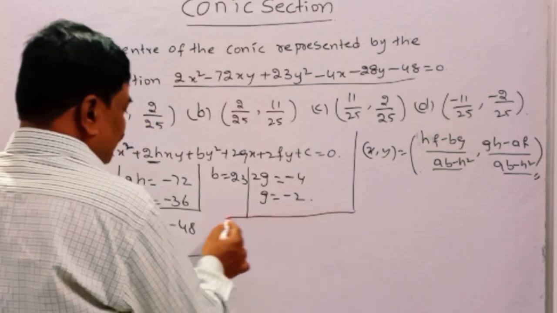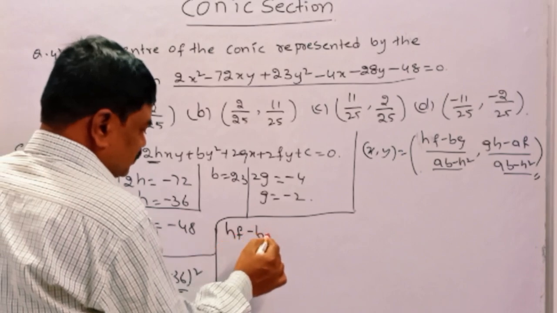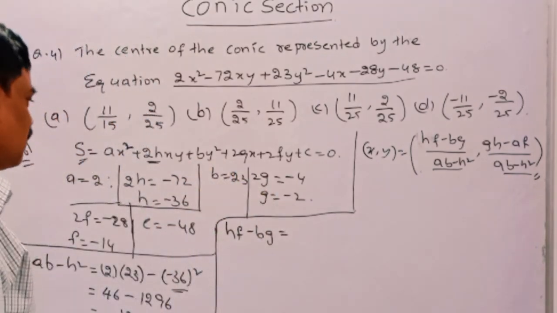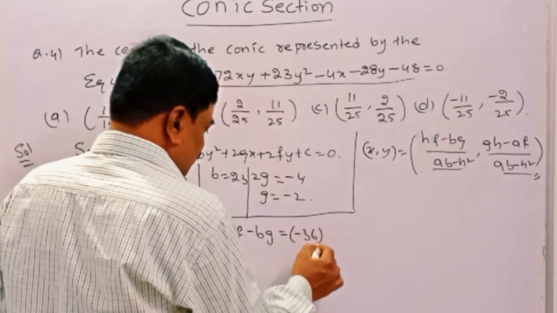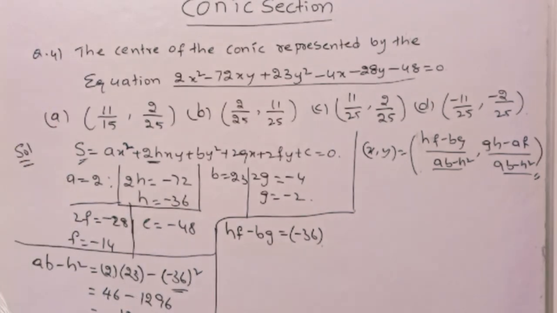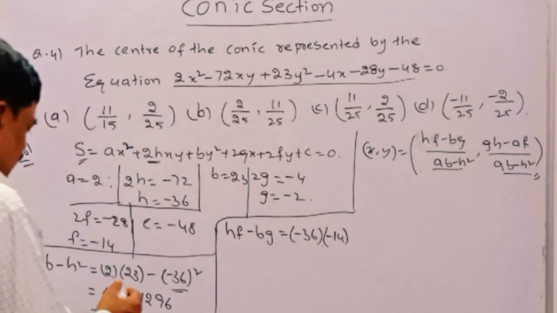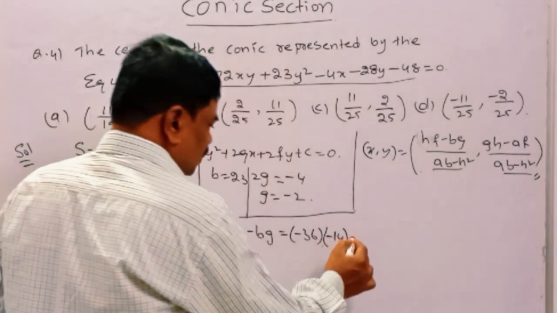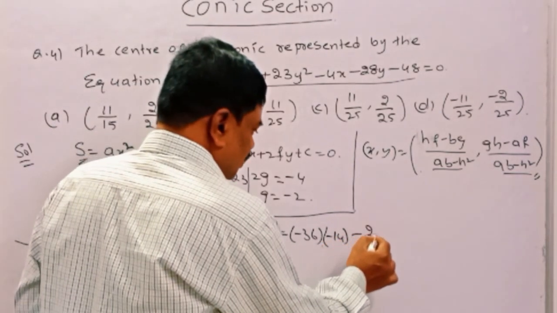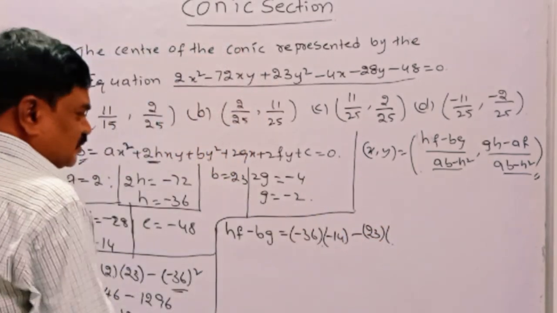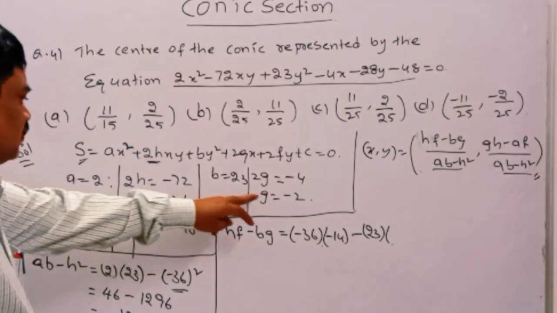Then you have to find the numerator hf minus bg. hf minus bg is equal to, what is the h value? h value minus 36 into f value minus 14, minus, what is the b value? b value 23 into the g value, g value minus 2.